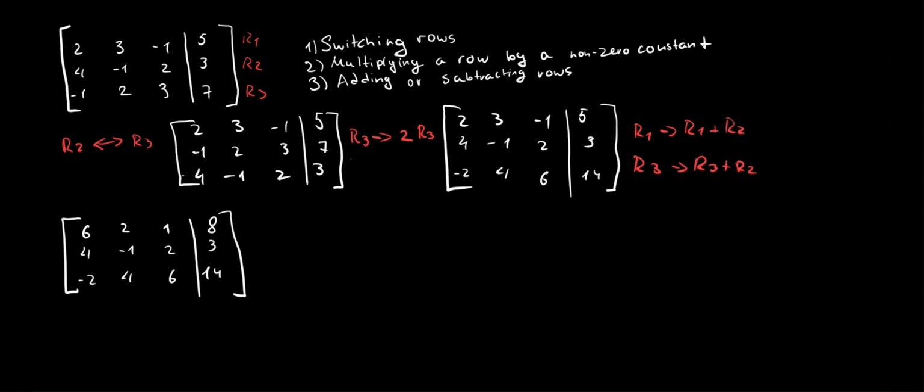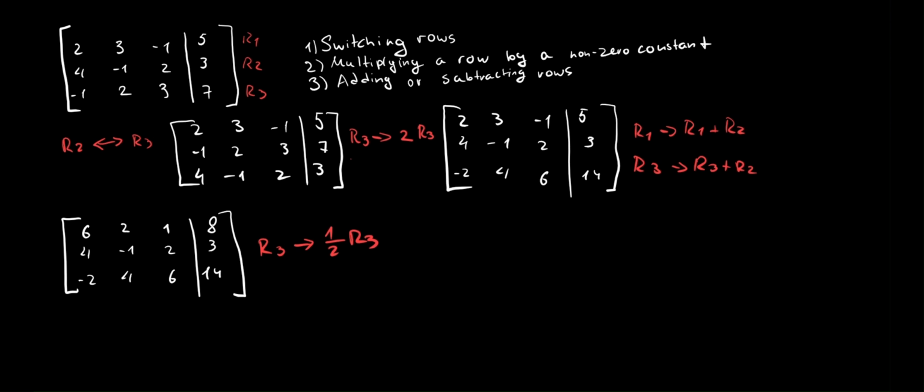What's happening if we need to divide something? In that case we only have to multiply. For instance, let's just say I want to divide row 3 by 2. So we're gonna write it as R3 equals 1 over 2 R3. And that is it.